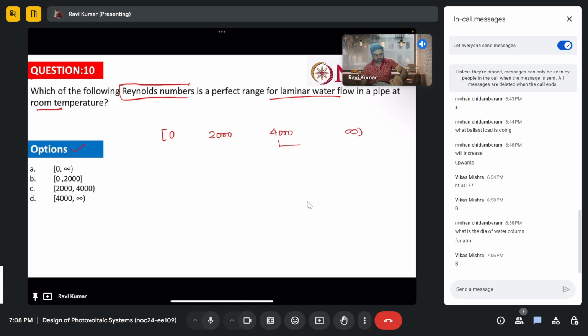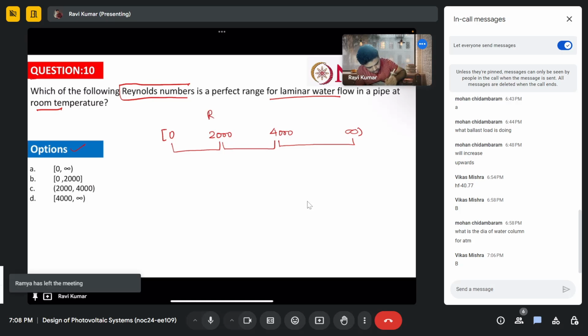So in this particular range, in this particular range, in this particular range, what kind of flow do we have? This is the Reynolds number.